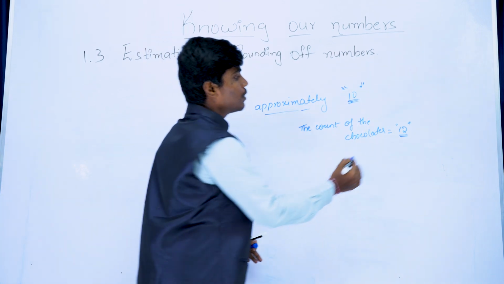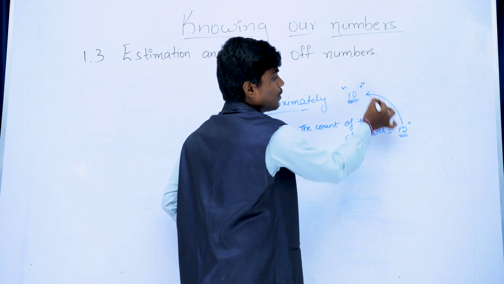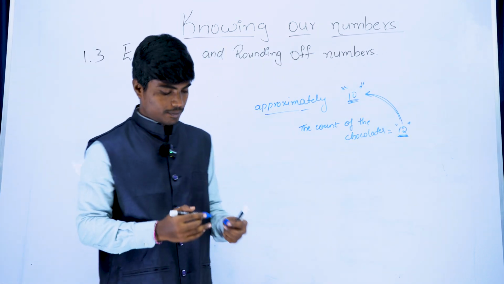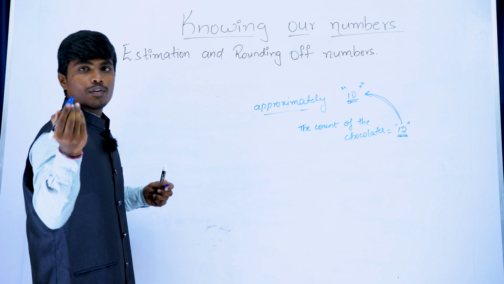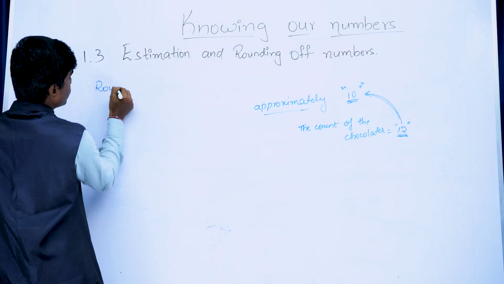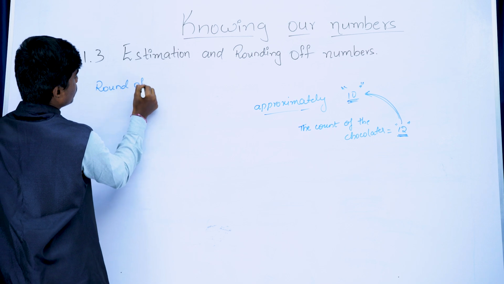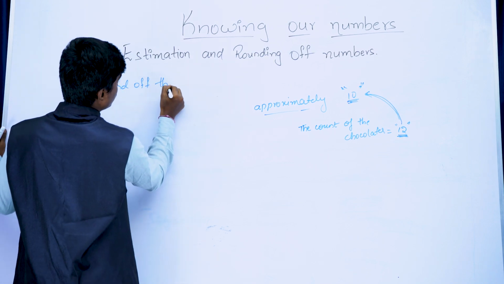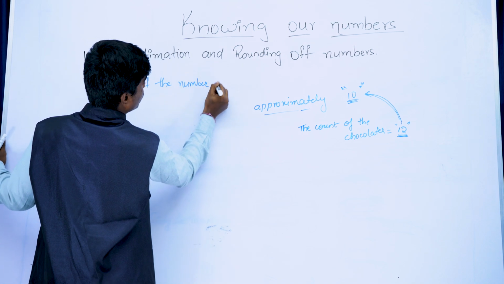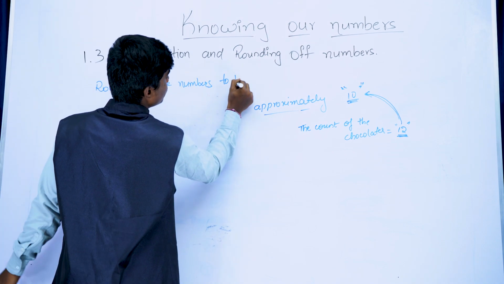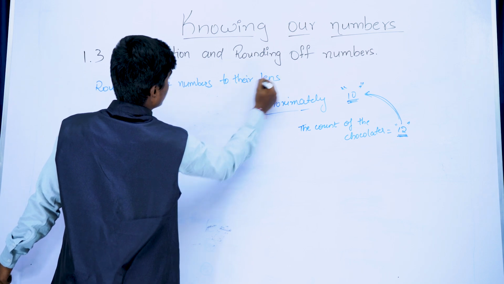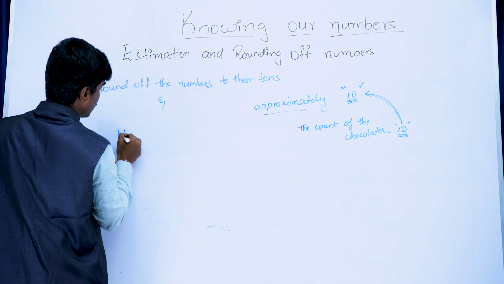That means you have rounded 12 to 10. In this, we can round off the numbers to their tens and hundreds.